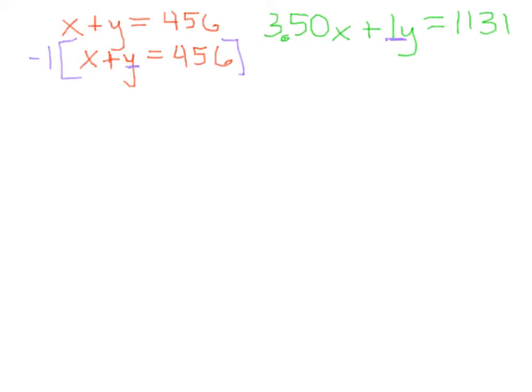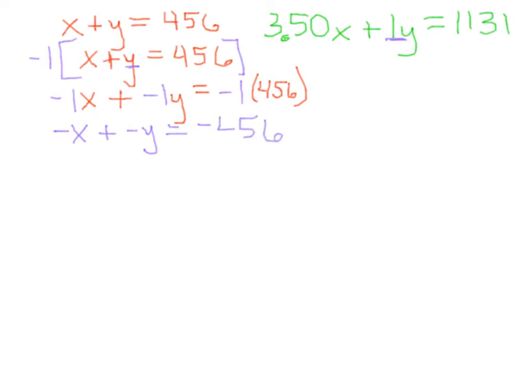So I get -1 times X plus -1 times Y, equal to -1 times 456. So this equation becomes negative X plus negative Y is equal to negative 456.